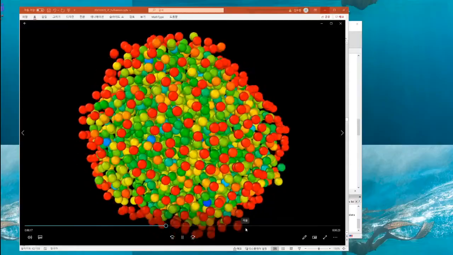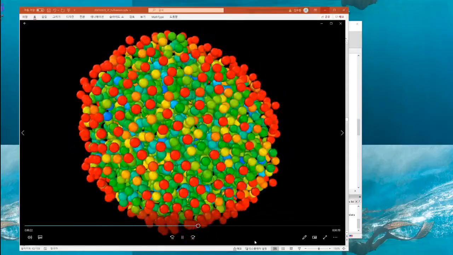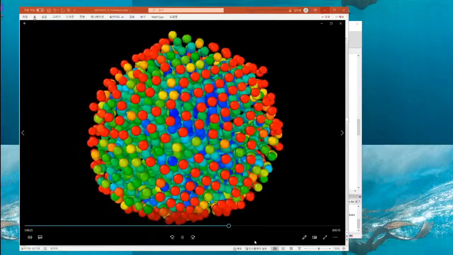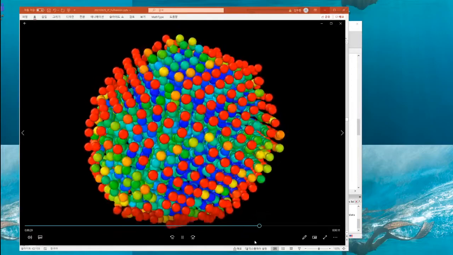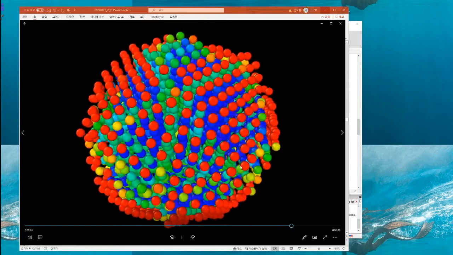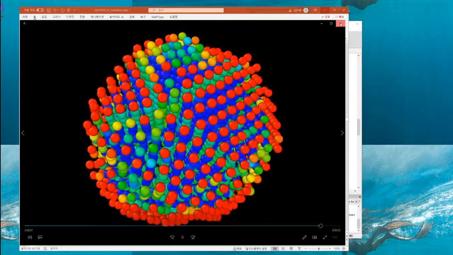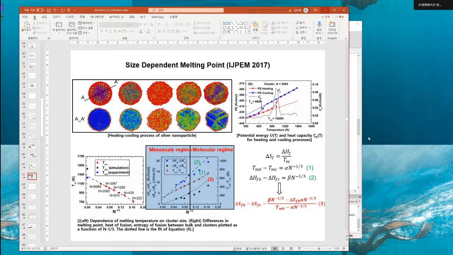So I cool down, and then they crystallize from the liquid-like status. I ran this simulation using MD and visualized it using Ovito. Yeah, so they crystallize like that. This is an example of LAMMPS. All right, let me go back to my presentation.